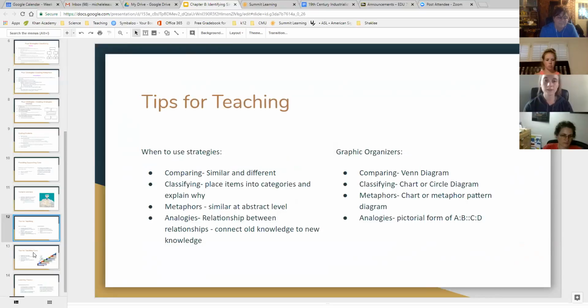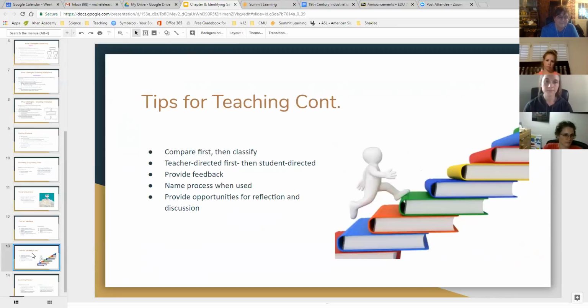If you're trying to place items into categories and explain why they belong there, then that is classifying. You can use a chart or a circle diagram, and these were also mentioned already, so you can reference those. Metaphors is talking about how things are similar at an abstract level, and analogies is looking at relationships between relationships or connecting old knowledge to new knowledge.